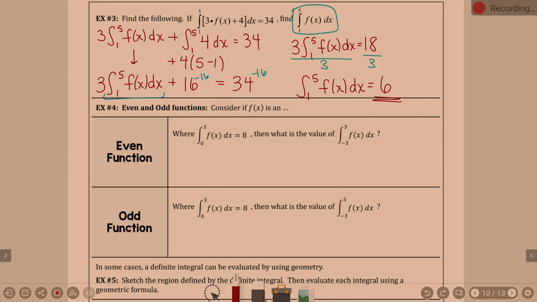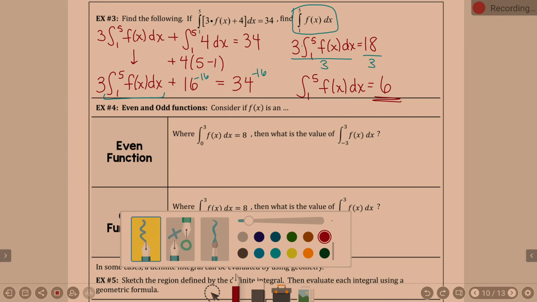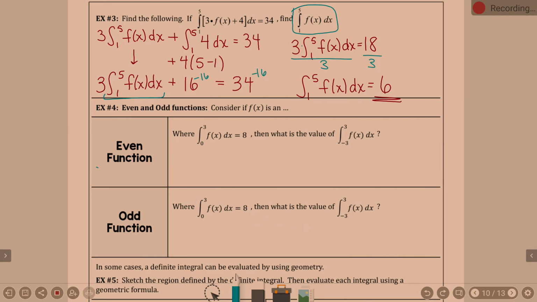Do you remember what it meant to be even? Because if you remember what this means, it makes perfect sense. Symmetric across the y-axis. That's important to know moving forward.